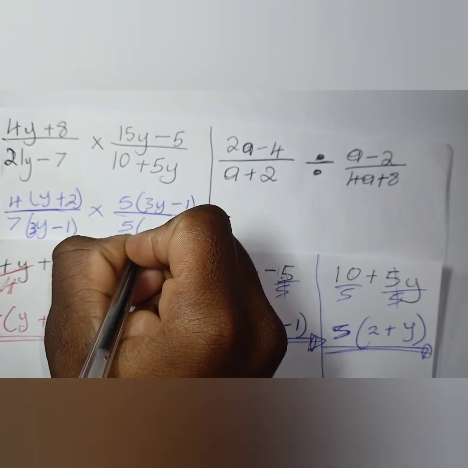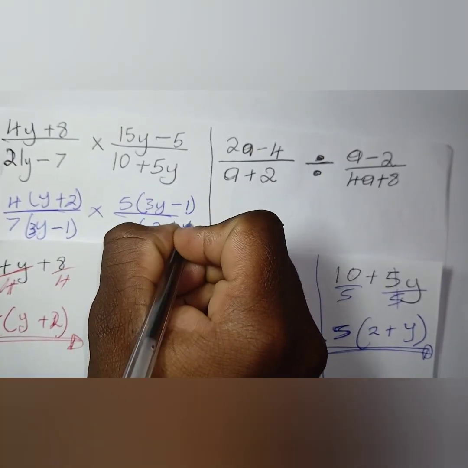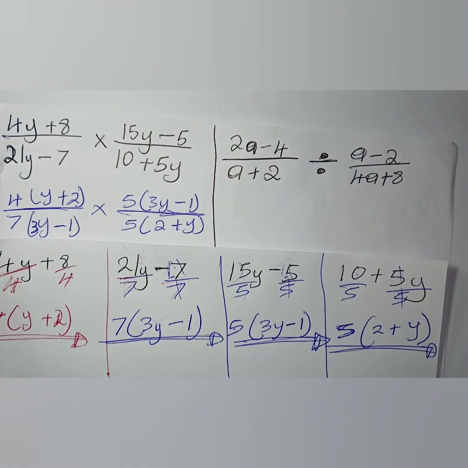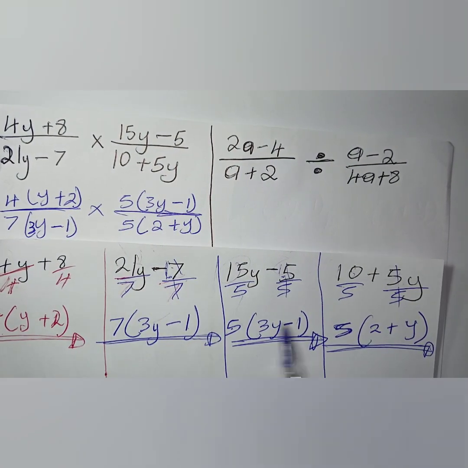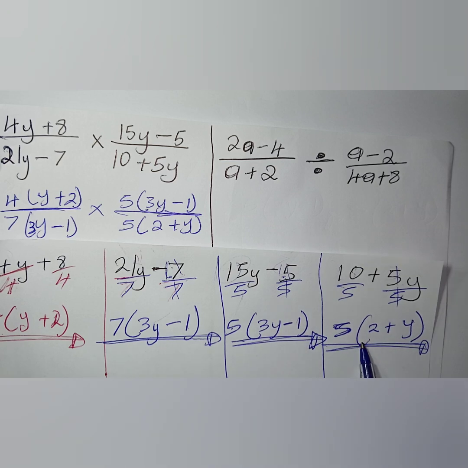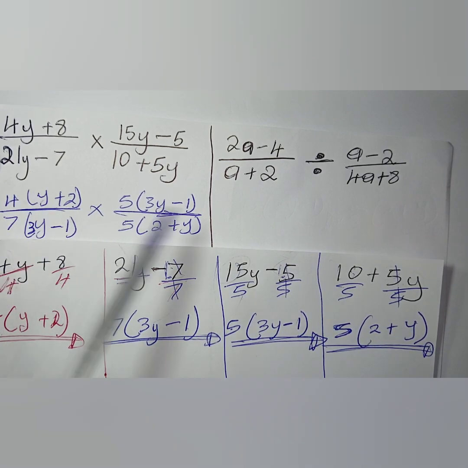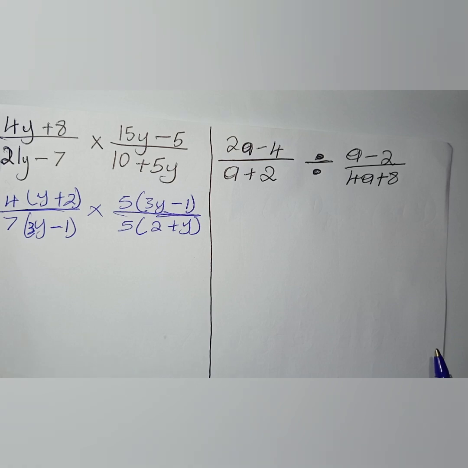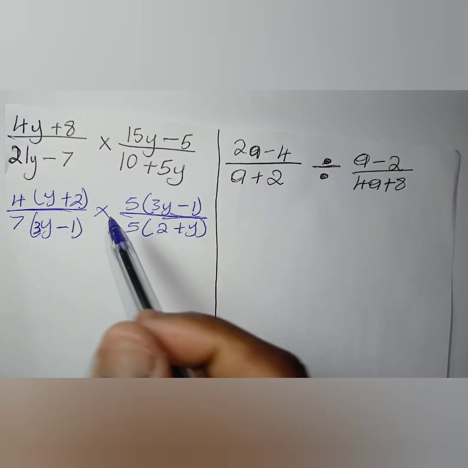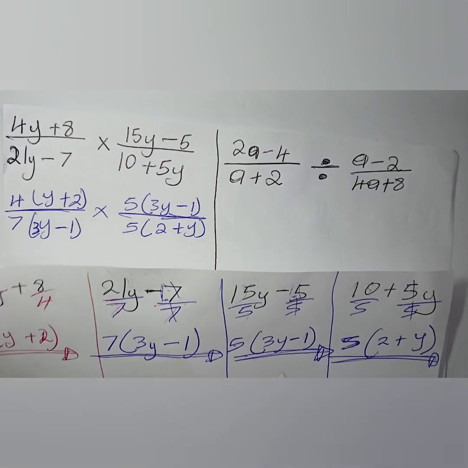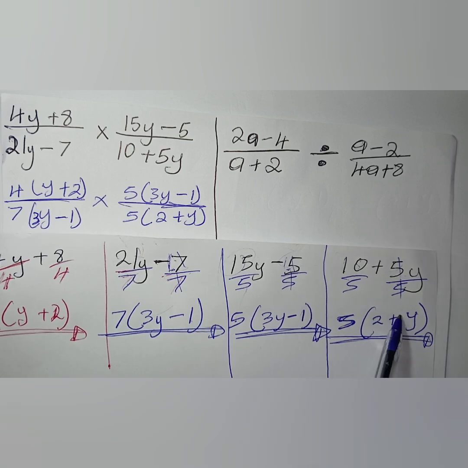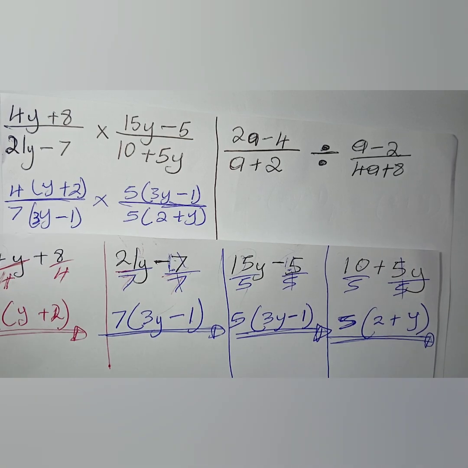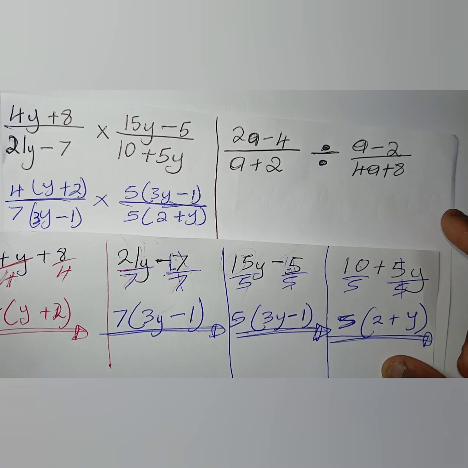The common factor is 5, which is 2 plus y. So if you know how to factorize, there's no need for you to do this aside. You can just approach it like this, like that. You only do this if you are still learning how to factorize. Even here I was just reminding you how to factorize.